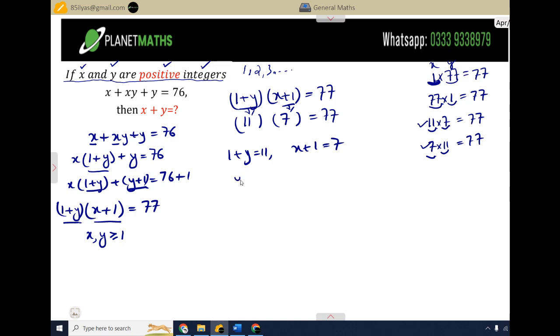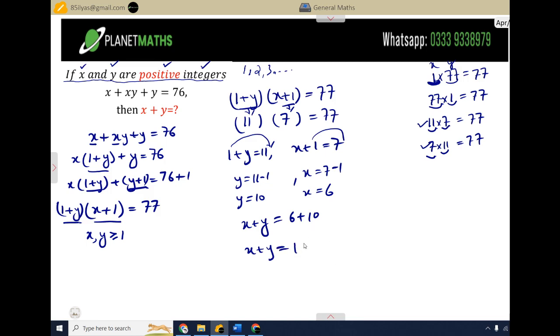So from here, find the value of y: shift this 1 toward this side, it will subtract from 11, we will get 10. In the same way, find the value of x: 7 minus 1 is equal to 6. So x is 6 and y is 10. So x plus y is 16. This is one possible answer.